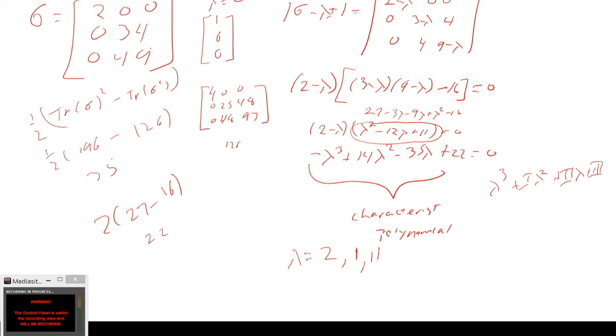So now that we found the eigenvalues, we need to find the eigenvectors. How do we do that? Well, let's plug it back into our system of linear equations. We have sigma minus lambda I times n equals 0.